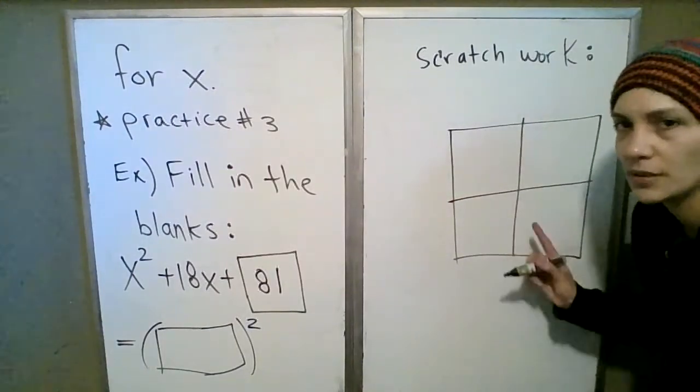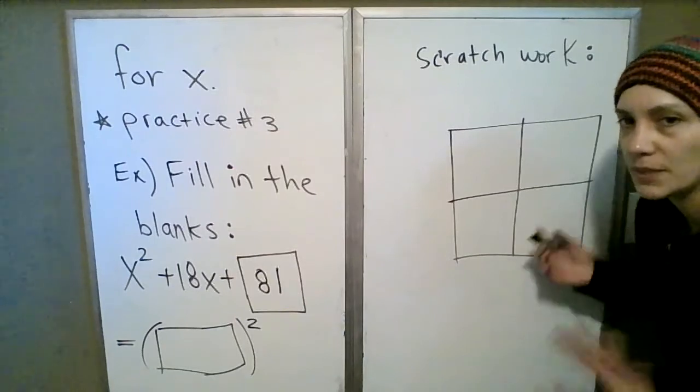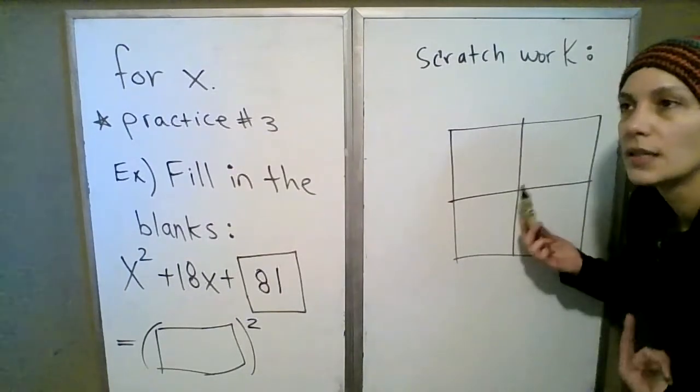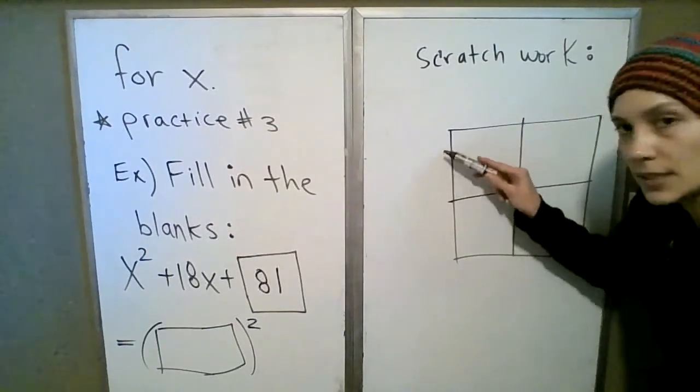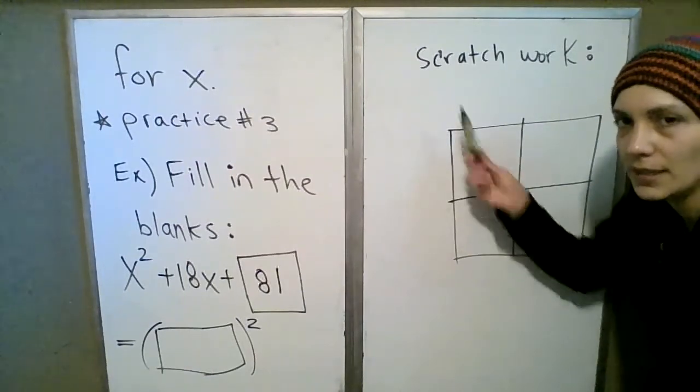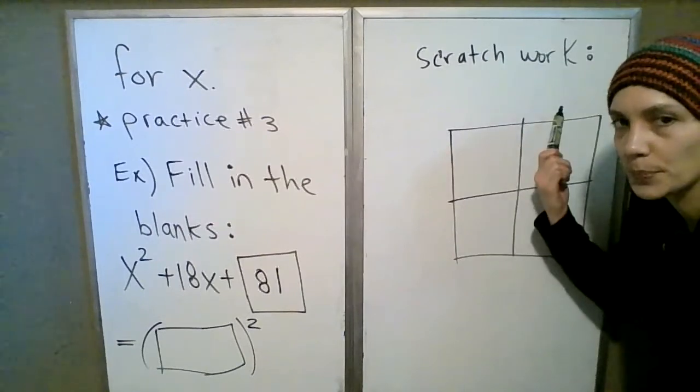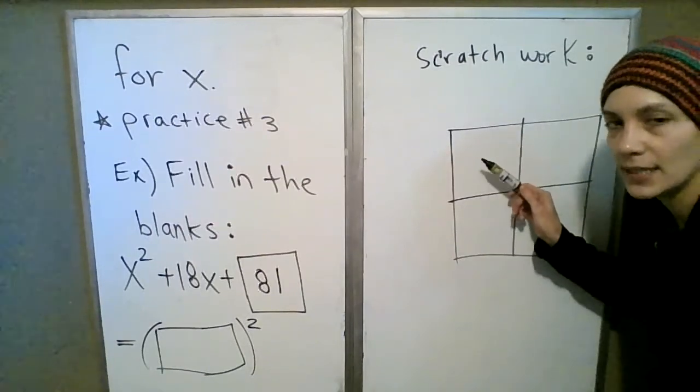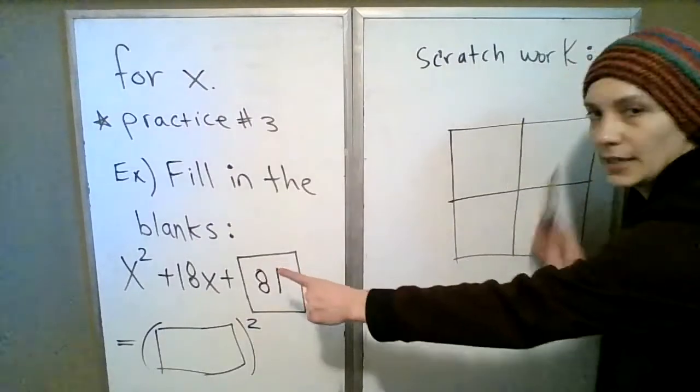So it's a multiplication table, but it helps me think about completing the square where I want this factor on this side to match the one that's on the top. And then the values here are inside the box.